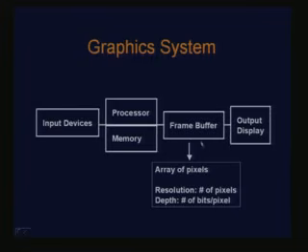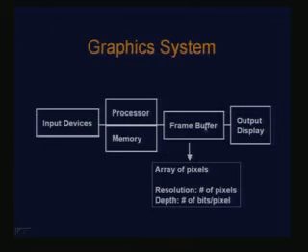And so, what is the motivation of having this? As I told you, the output display is something like what we have, for instance, CRT monitors. That is what you are used to, and these days we also have TFT LCD displays.